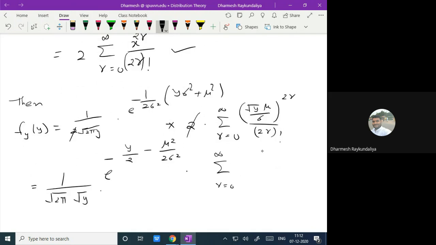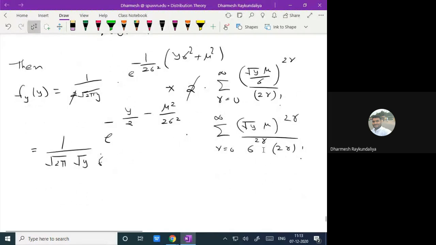It is nothing but, sigma raised to 2r, okay, not taken outside. It is nothing but root y mu raised to 2r divided by sigma raised to 2r into 2r factorial. Okay, can we write this?